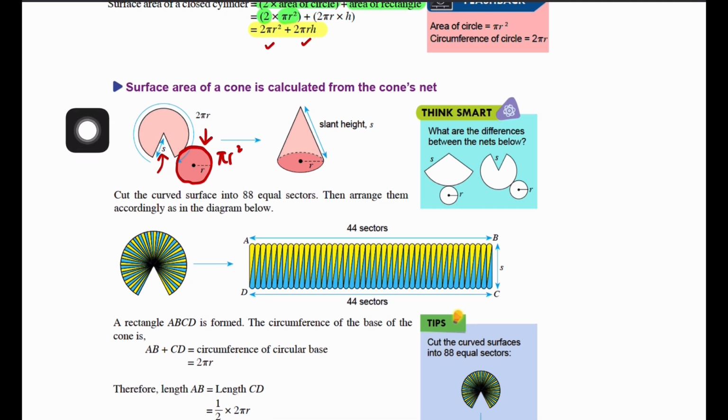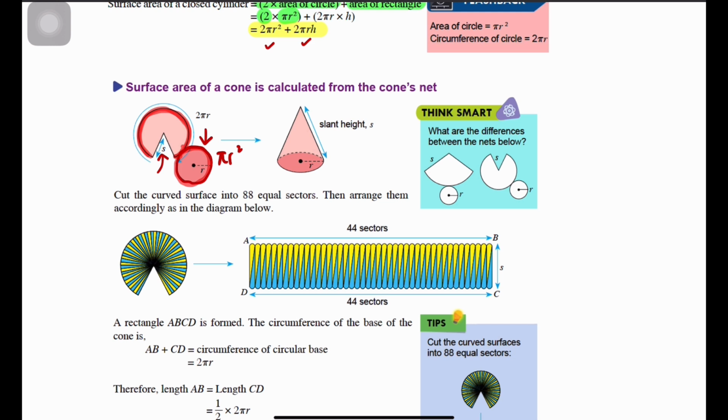Bila awak tutup kawasan ini, semua kawasan yang saya highlightkan ini akan bercantum dengan yang merah di sini. Betul tak? So automatically kawasan yang ini kita tahu lilitan dia adalah 2 pi R. Okay, saya nak explain itu sajalah.